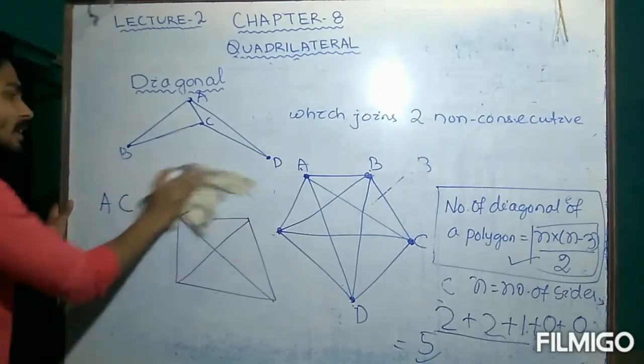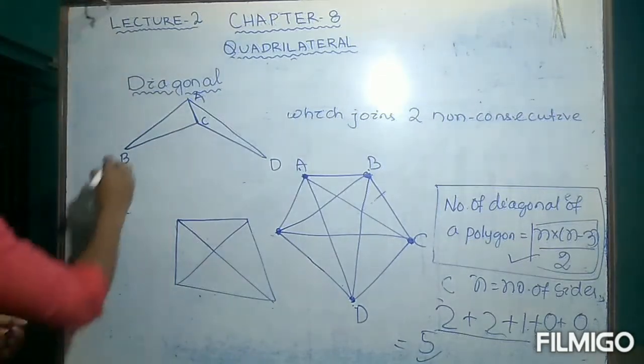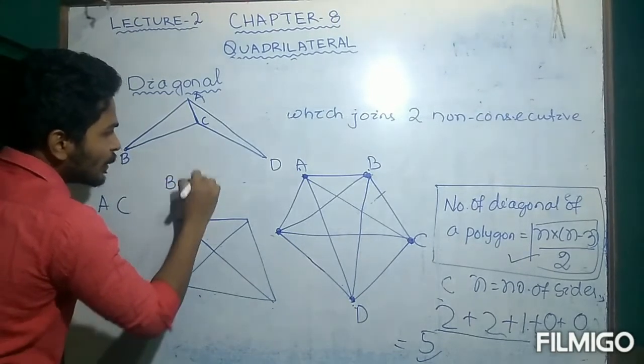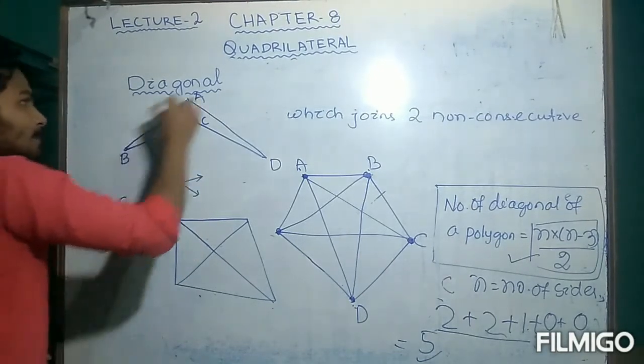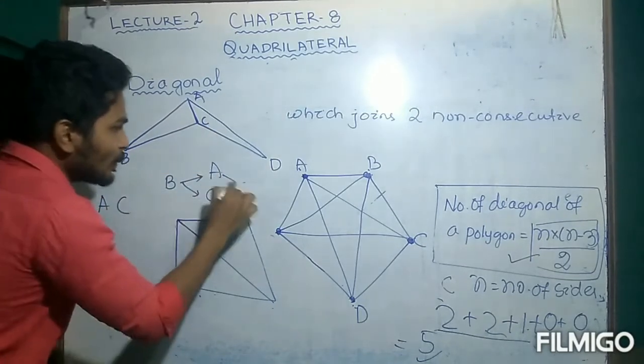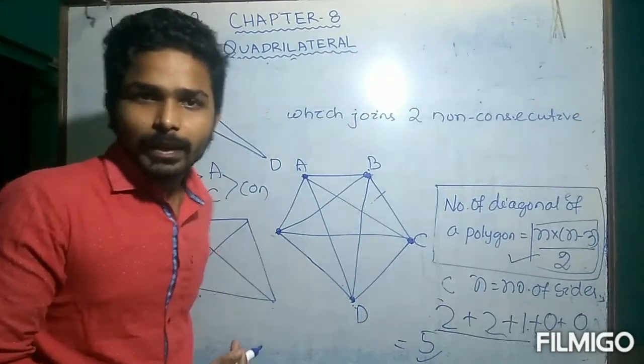Right. Let us find the second diagonal. For this we have to consider another vertex, that is vertex B. Now let us find the two consecutive vertices of vertex B. As you can see, vertex A and vertex C are the two consecutive vertices of vertex B. But we have to find the non-consecutive vertex.